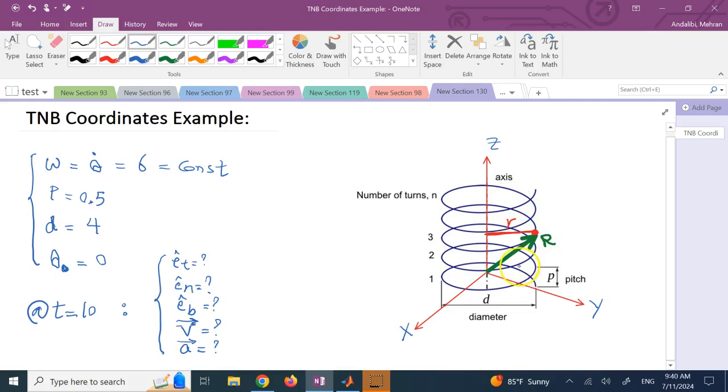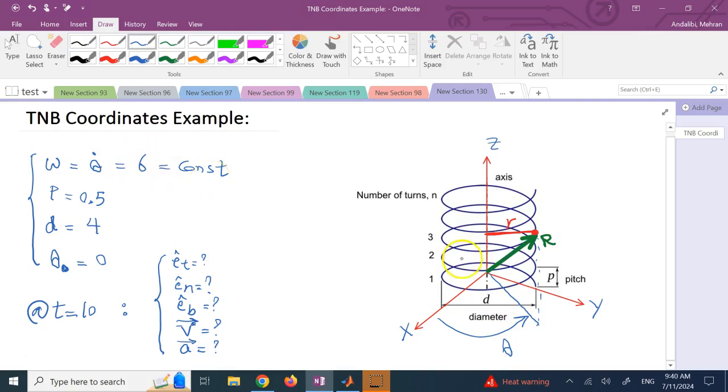If you project the position vector onto the xy plane, then there is this angle theta that it makes with the x-axis, and the rate at which this theta is changing is omega equals 6, and it's constant.